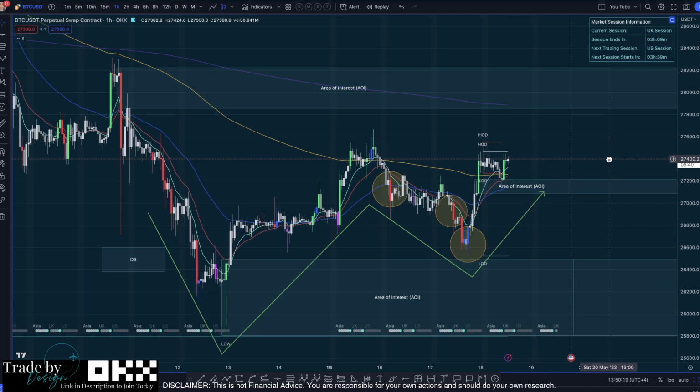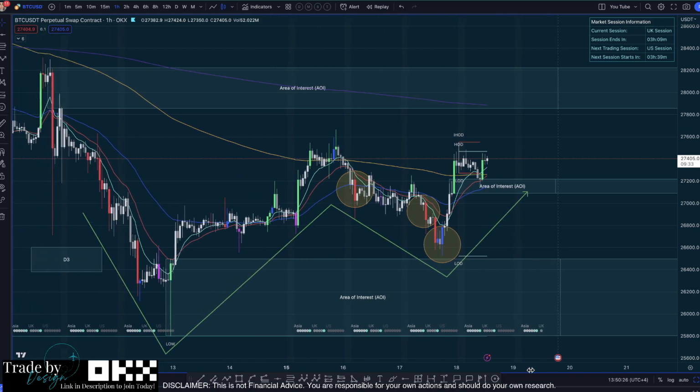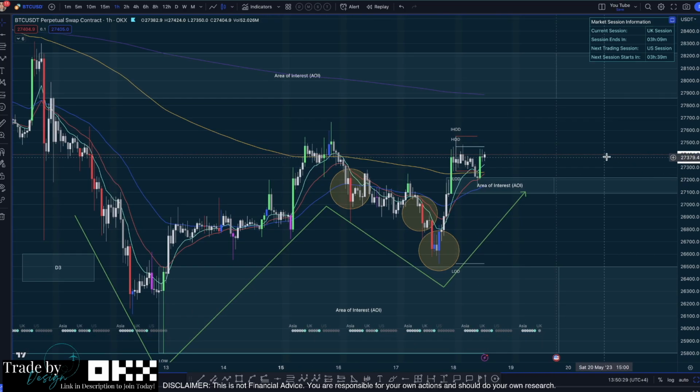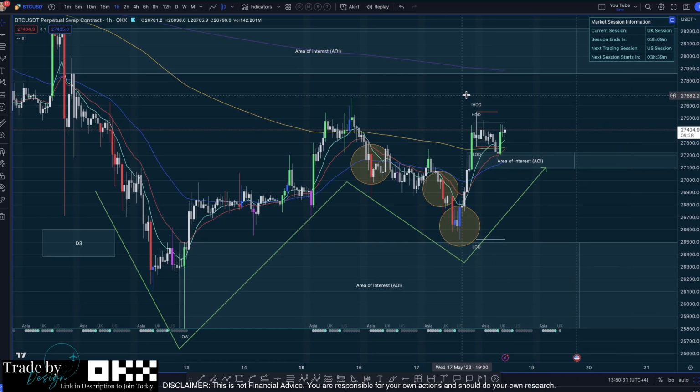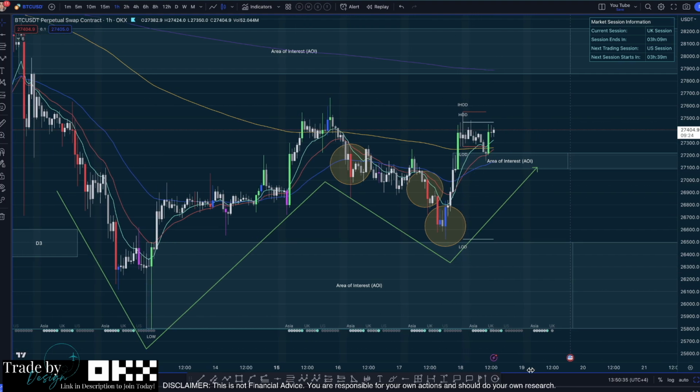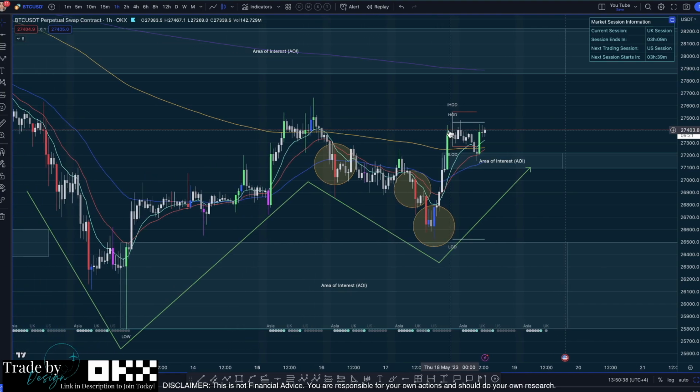And the reason that I say that is because of where price is right now. So if you can see here, I haven't really explained these levels on this channel before, but you can see on my chart that I have a level here written IHOD and HOD. These are very significant levels because the first one, the red one, the IHOD, that is marking the initial high of the current day.